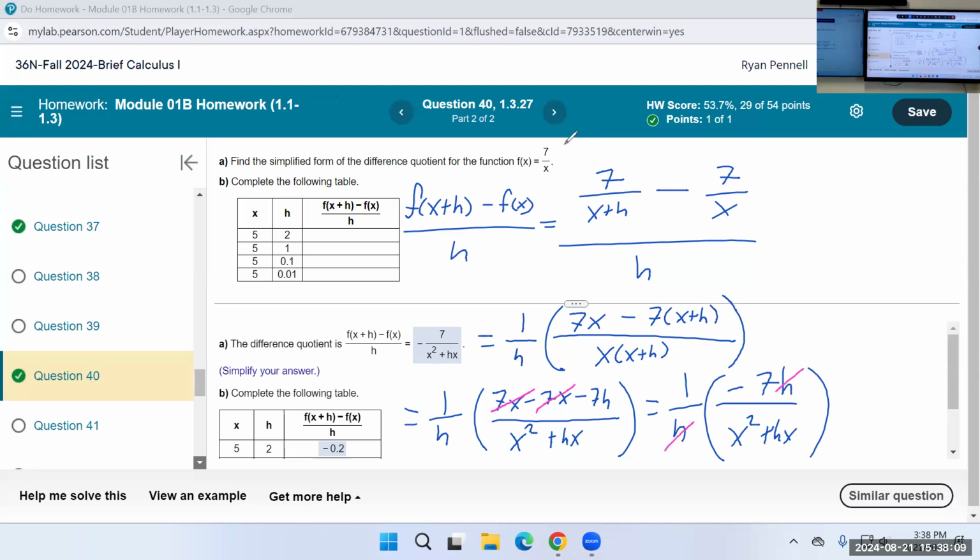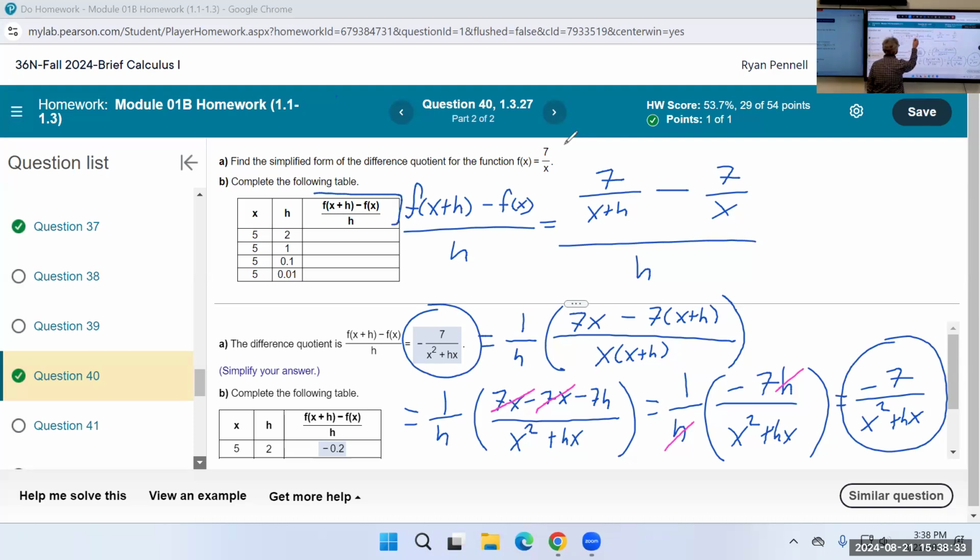So that's good. Negative 7 divided by x squared plus hx. So that's my difference quotient. And the way I got that was I just followed the formula.